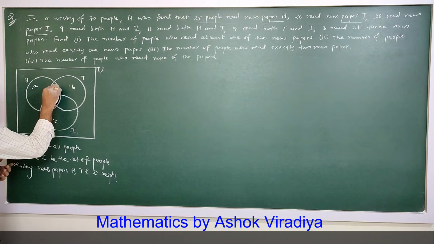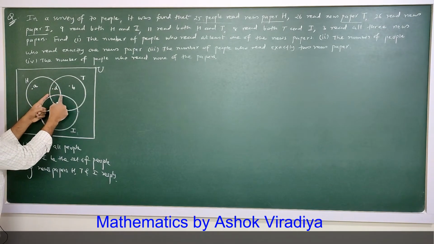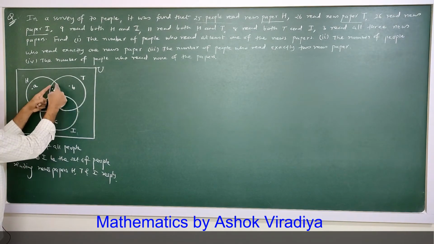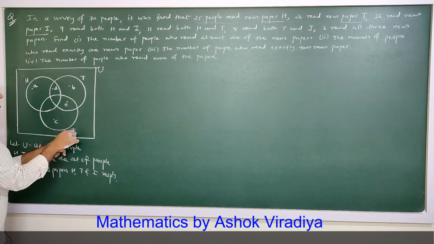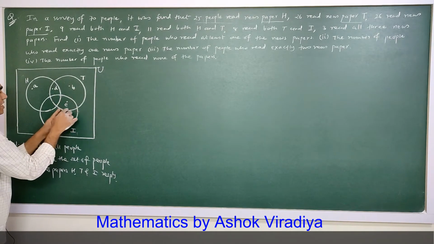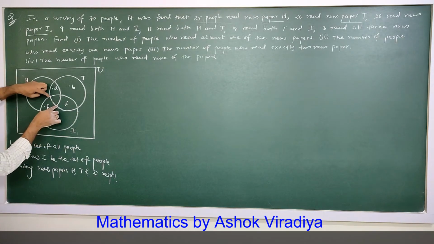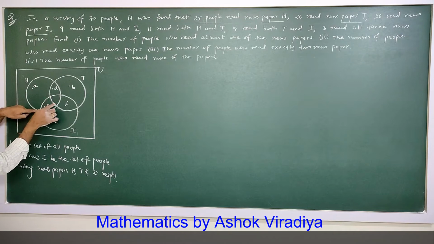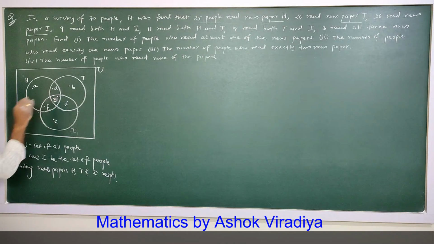D is the number of people reading only H and T. E is for only T and I. F is the number of people reading only H and I. And G is the number of people reading all three newspapers.